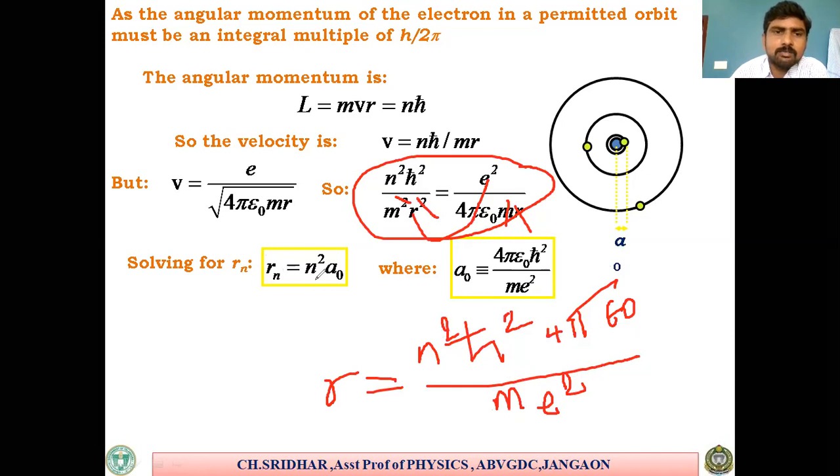So Rn is equal to n square into a naught. This is the expression for the radius of the nth orbit in Bohr's atomic model, and if you substitute n equals 1, you get the radius of the hydrogen atom.